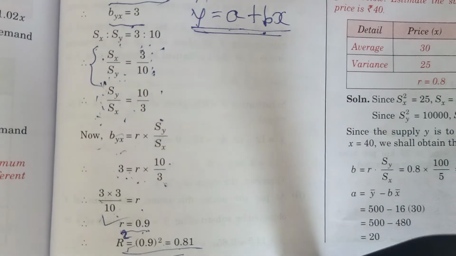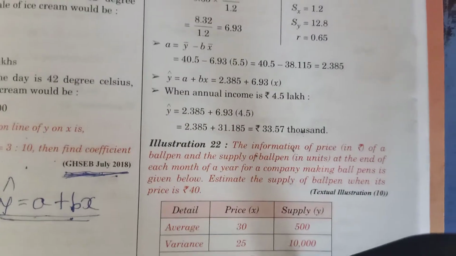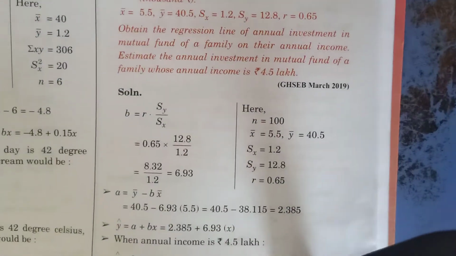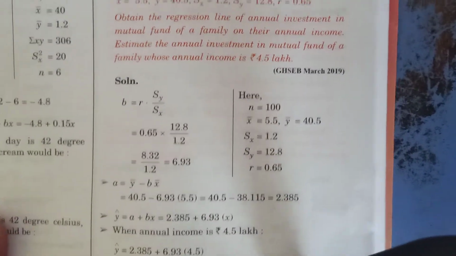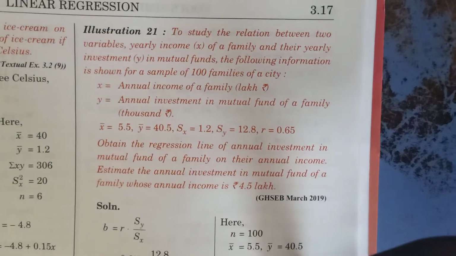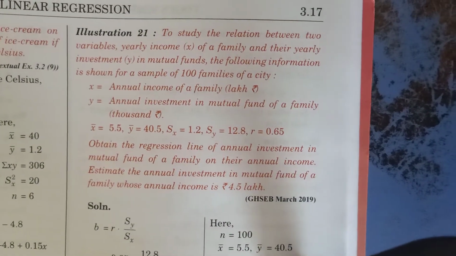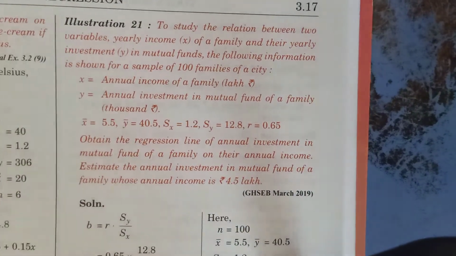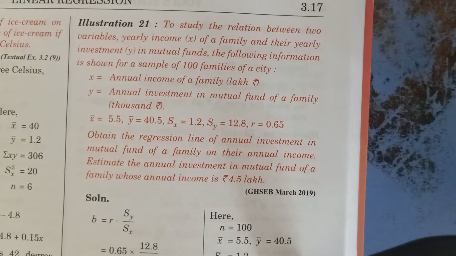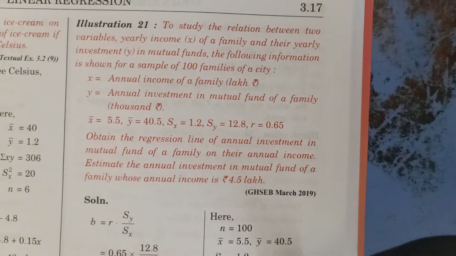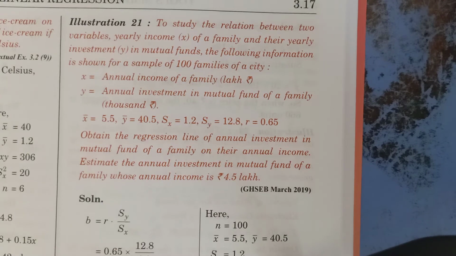Now the next sum, my dear friends, is sum number 21, and the question is before you. Again, it is also on page number 3.17 of your Yogi book.